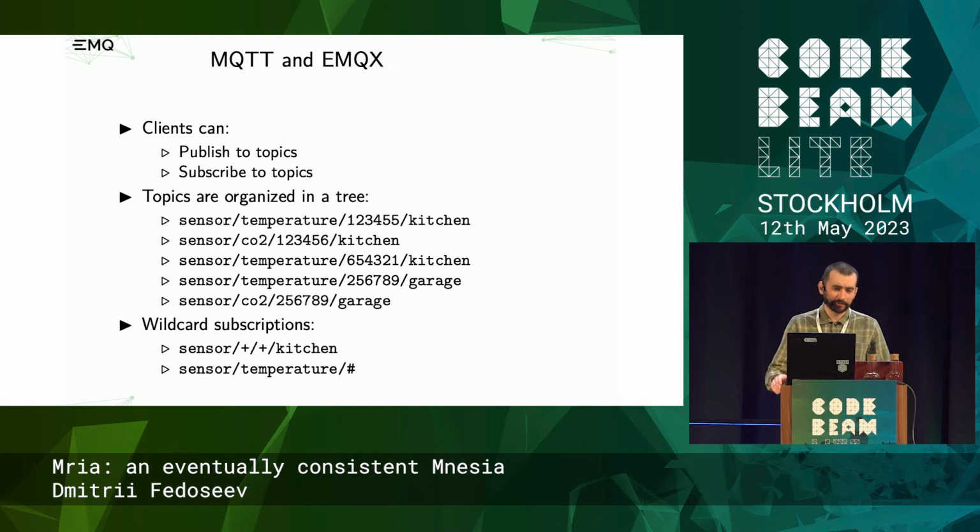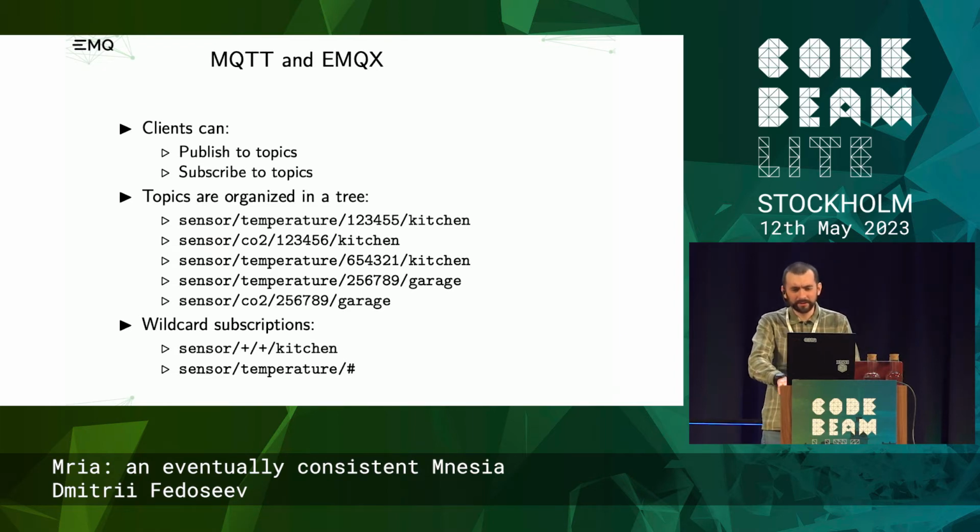First, topics are organized in a tree that somewhat resembles a file system with directories. Second, clients can subscribe not just to single topics, but to groups of topics all at once using wildcards. And finally, topics are dynamically created as opposed to Kafka, for example, where the system administrator usually should create topics in advance.